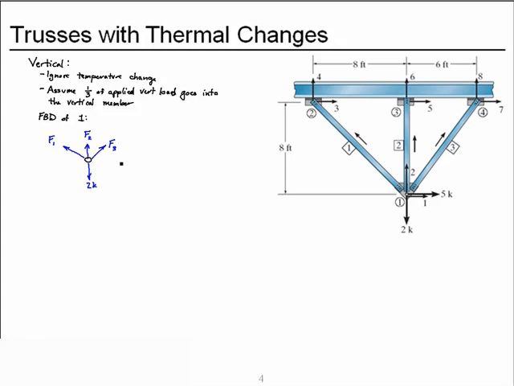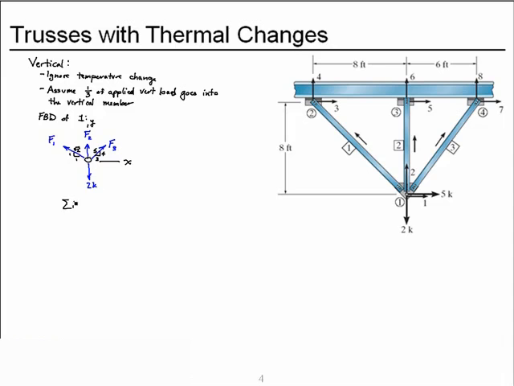I'll identify my x-axis being to the right, my y-axis being up. Our geometry is such that this is a 3, 4, 5 triangle, and this is a 1-to-1 slope, which gives us square root of 2 there.